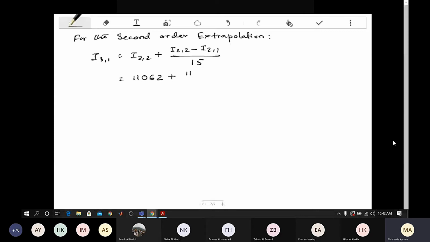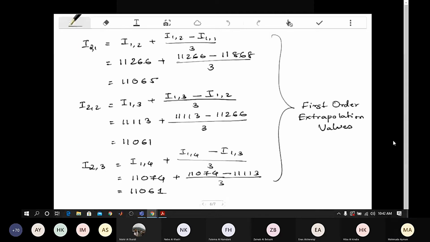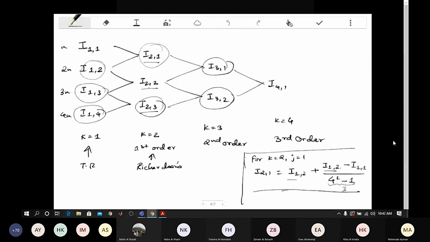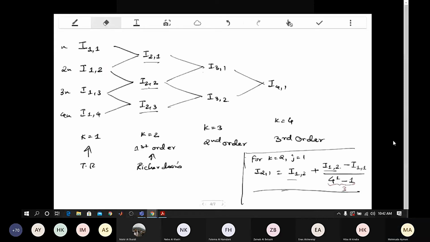So we have 11062 plus (11062 minus 11065) divided by 15, which is equal to 11062. Let's write the values we got here in the table. Maybe I'll just take the whole table and copy paste it somewhere else. So let's copy the table here.